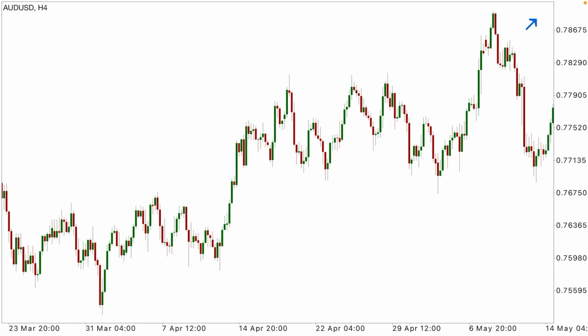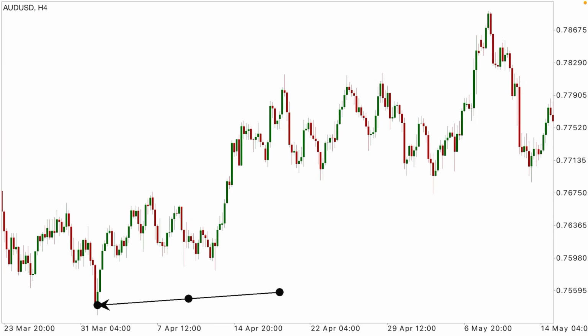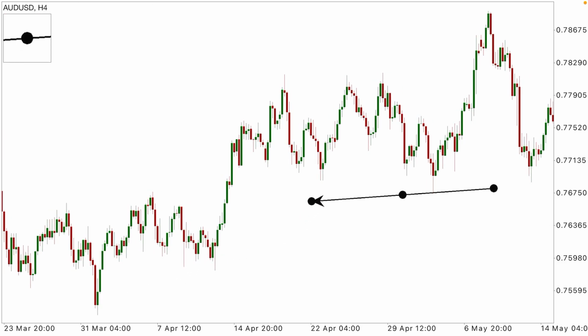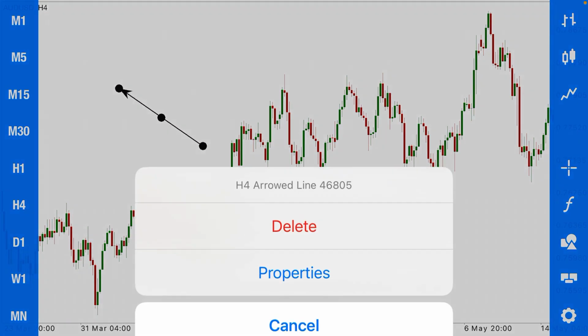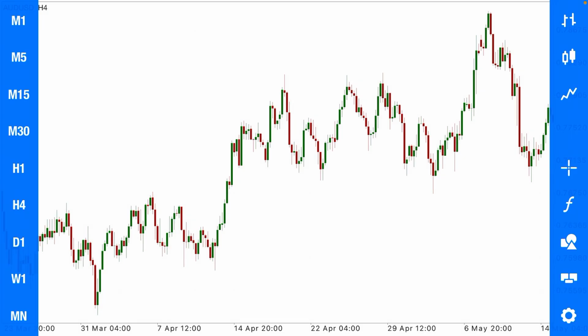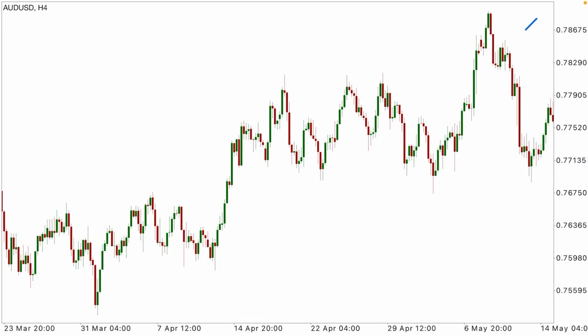Now to draw an upward trend line, you can see a low here, another low here, another low here, another low. These are all lows that can possibly be connected together, right? So when you connect two lows by a line, you have an upward trend line.